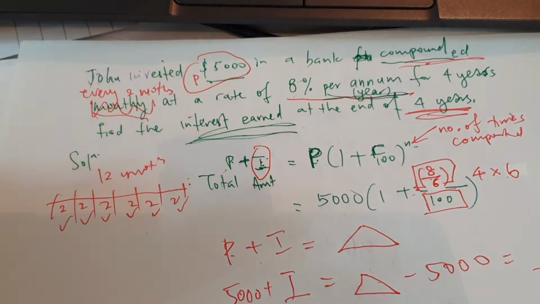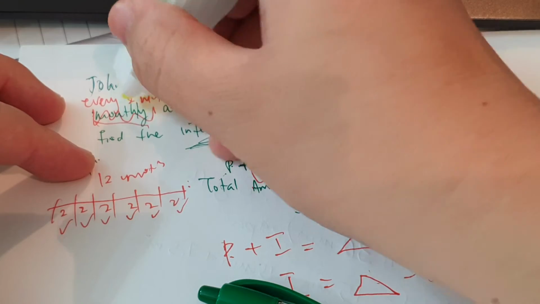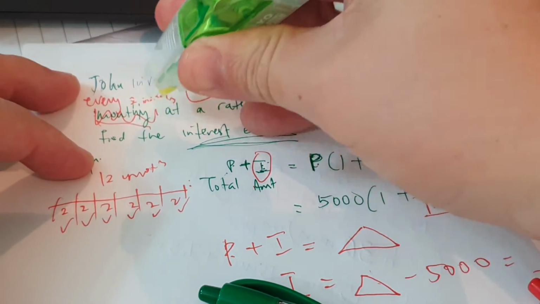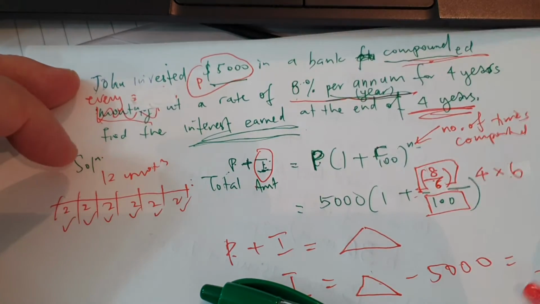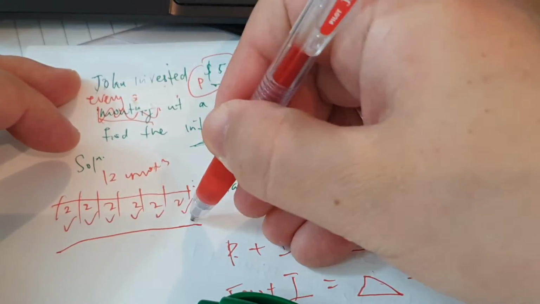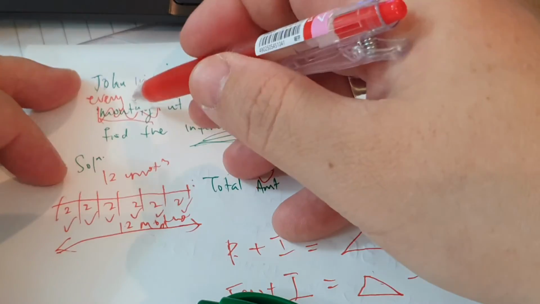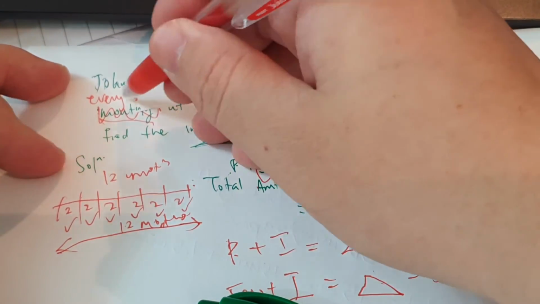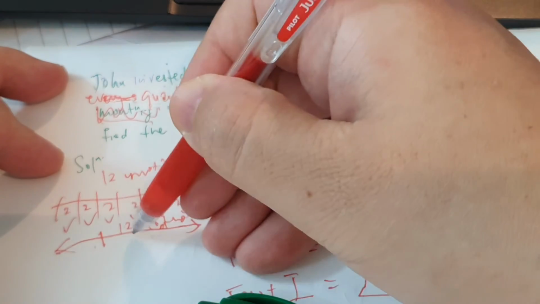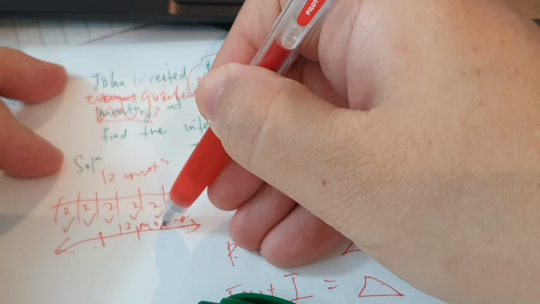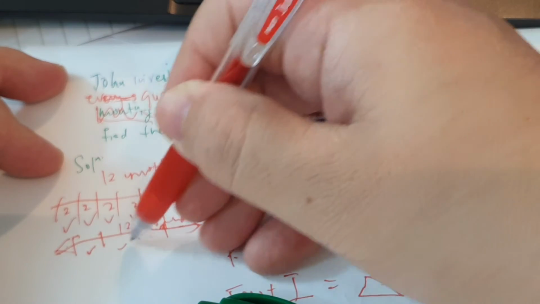That's all. Let's say I say quarterly. You see, this timeline is a very powerful tool that you can use. You draw a timeline for 12 months. Quarterly means one quarter, one quarter, one quarter, 1, 2, 3, 4.